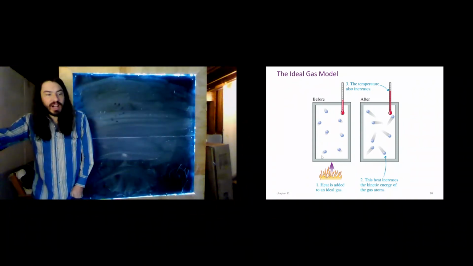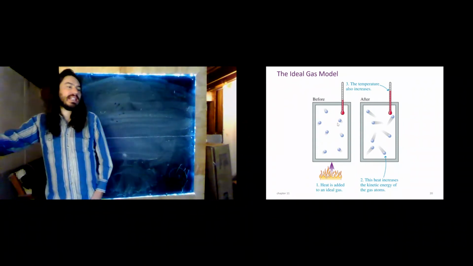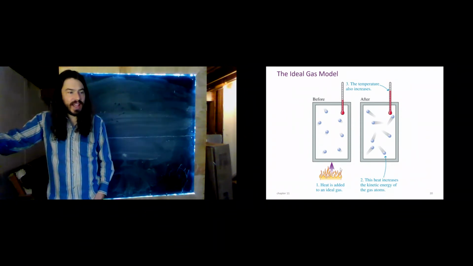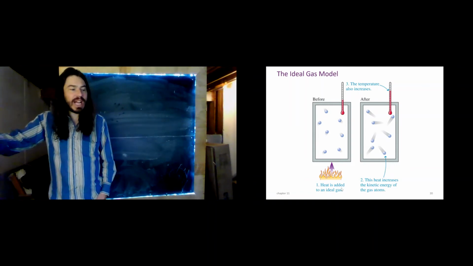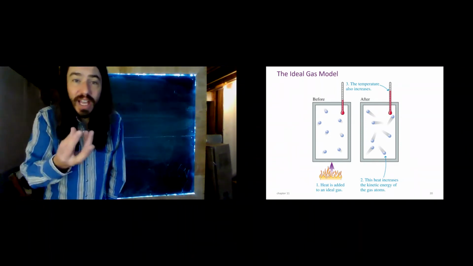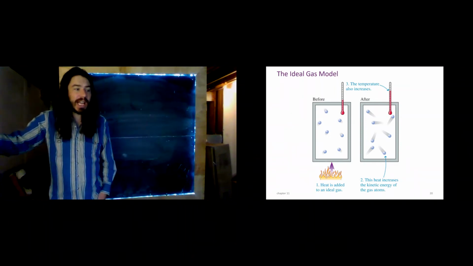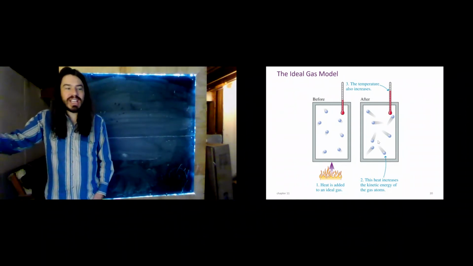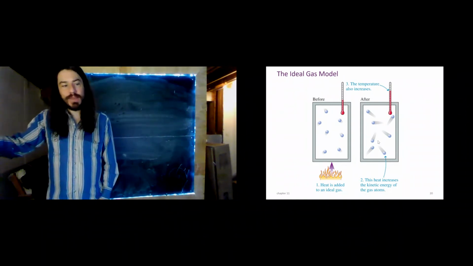So these little balls bounce off of each other, and here we see a container of some gas, and we're imagining these gas molecules as little balls that are flying around in this container. And when I add heat, they move faster. Again, think about conservation of energy. Heat is flow of energy into the system. So we're adding energy to the system. Where does that energy go? It goes into the kinetic energy of the particles that make up the system.